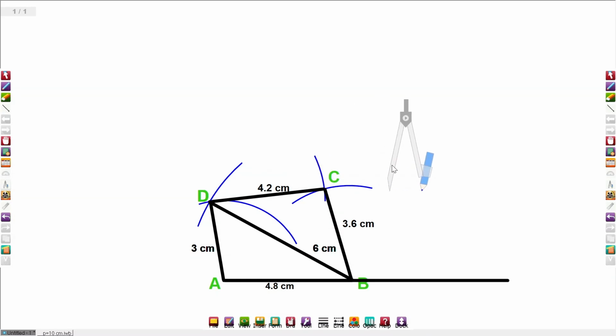An obvious question is, how can we get parallel lines? An obvious answer is just make sure alternate interior angle are equal. Or we want to copy angle DBC.